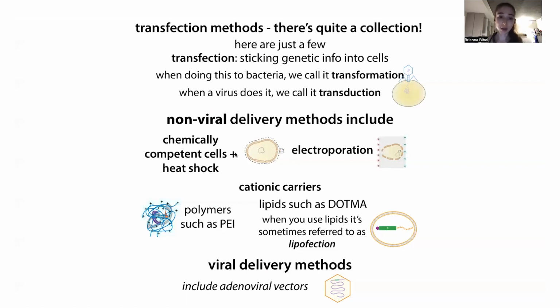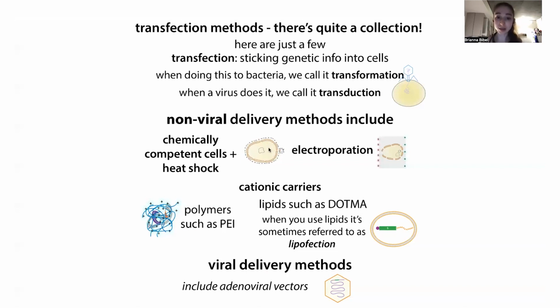So I'm going to talk mainly about chemically competent cells and heat shock, but there are other delivery methods for transfection. Another common one is electroporation, where you use electricity to open up pores in the membrane and create a charge gradient to help the DNA get in. There are also ways that you can use cationic carriers, such as polymers like PEI, which are positively charged, and they're going to help neutralize the DNA.